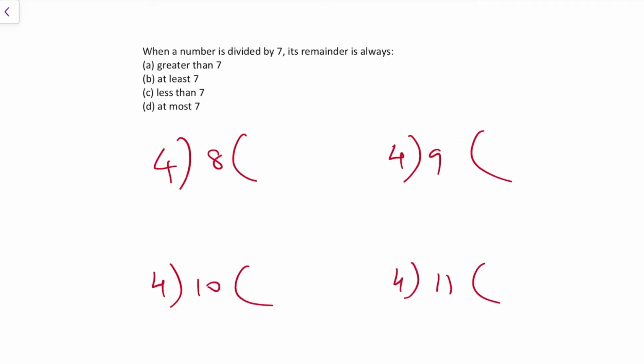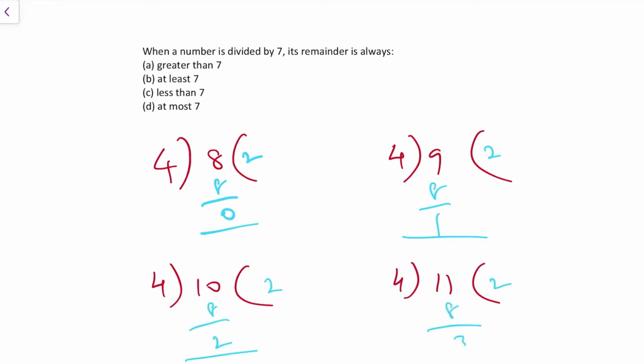What happens? 4 2s are 8, 0 remainder. 4 2s are 8, 1 remainder. 4 2s are 8, 2 remainder. 4 2s are 8, 3 remainder. Now if we take 12, 4 3s are 12, 0 remainder. In this case I took the divisor as 4, whereas our remainders are 0, 1, 2, 3 only.